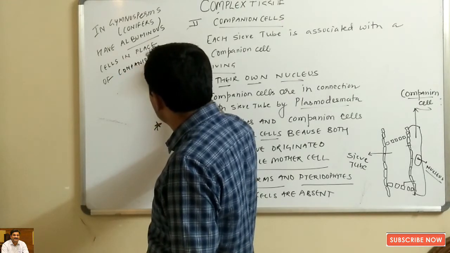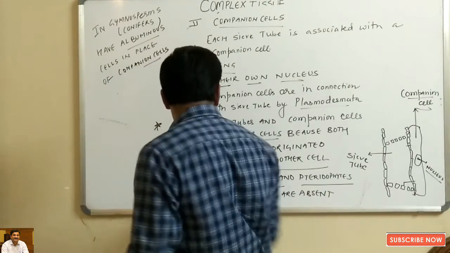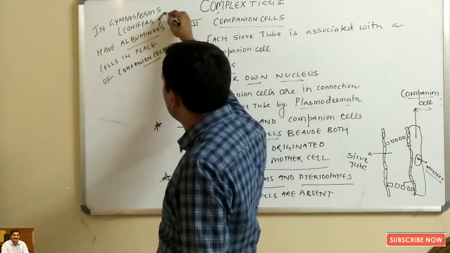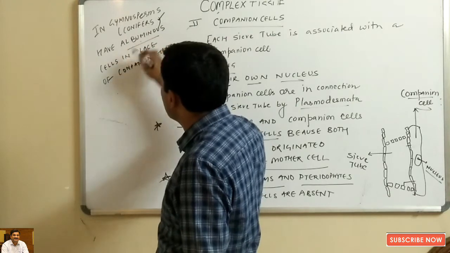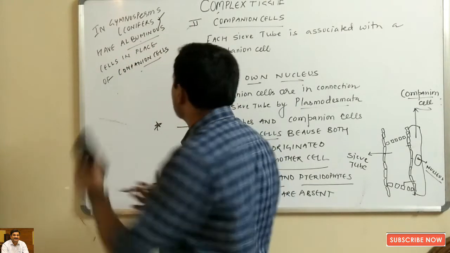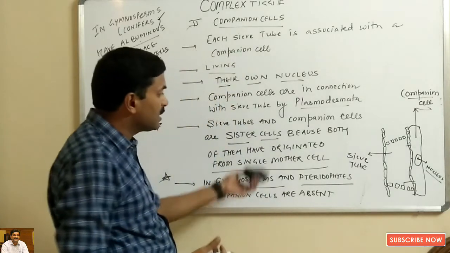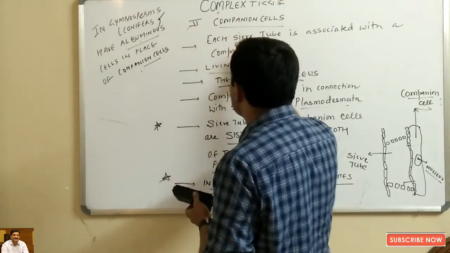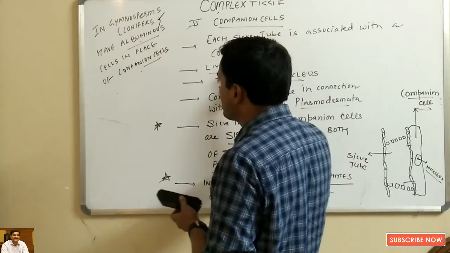Okay, so gymnosperms and pteridophytes are not having the companion cells. In gymnosperms, particularly the conifers, have albuminous cells in place of companion cells, which are somewhat similar to the companion cells. Okay, and you must know that companion cells are also living cells.